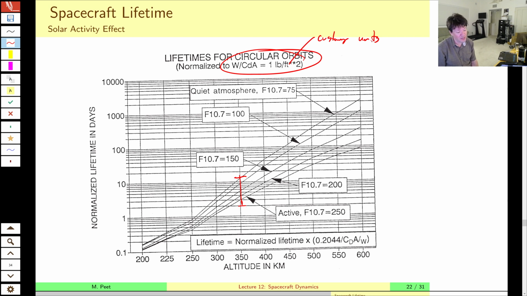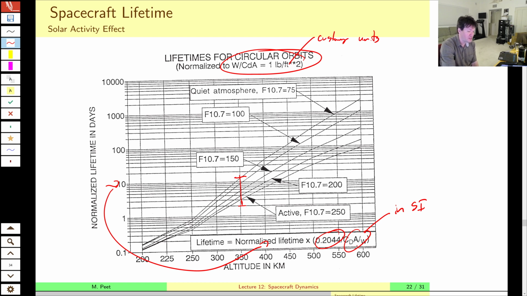To convert to SI units, we multiply by 0.2, divide by our ballistic coefficient in SI units. And then we take the number we get over here, we plug that in. So we get this number multiplied by 0.2 divided by the ballistic coefficient in SI units.